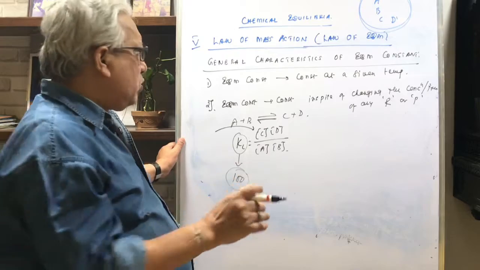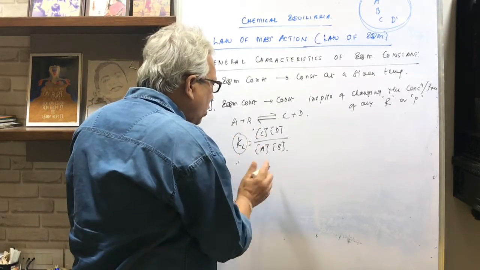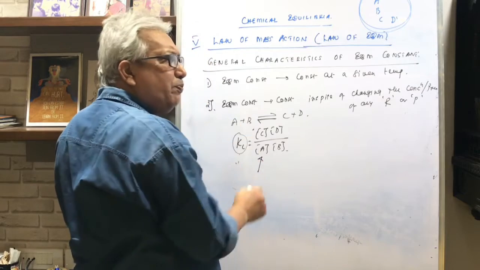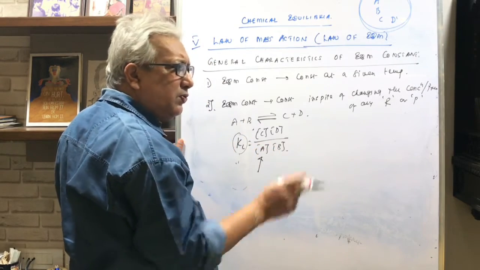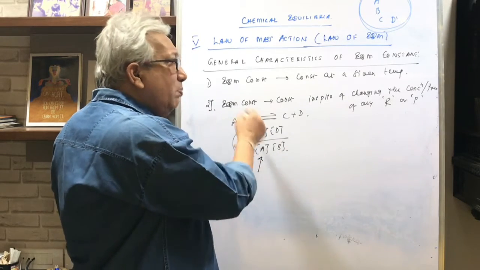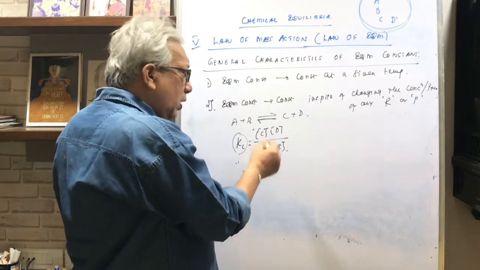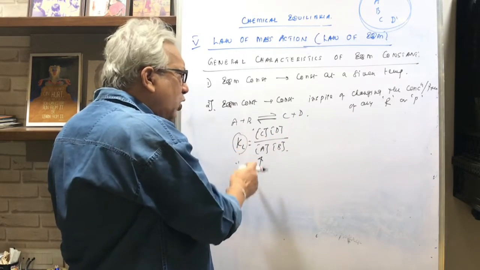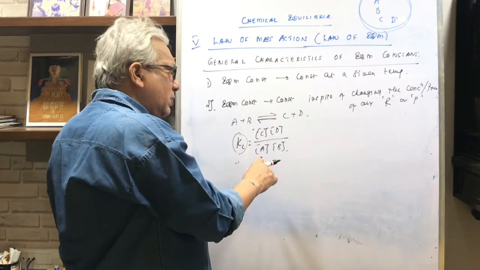Similarly, at the same temperature, suppose from outside you have increased the value of A, you have added a little A. Then immediately, if A increases, the value of Kc will tend to decrease from 100, but it will not allow that. What will happen? Some of the A and B will react to give you some more C and D. So the little bit of added A has become less, a little bit of B also has become less.